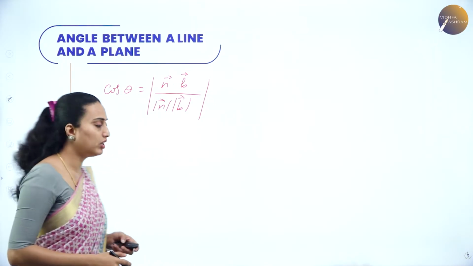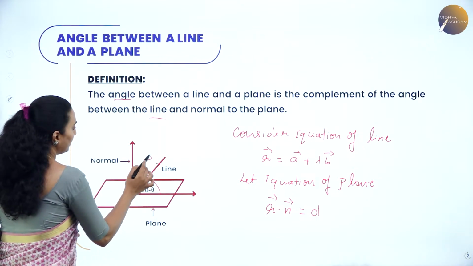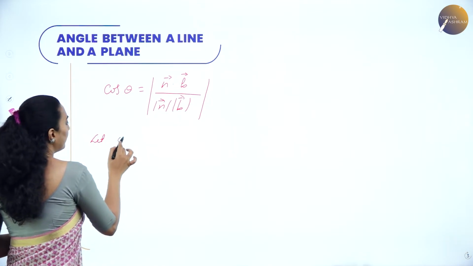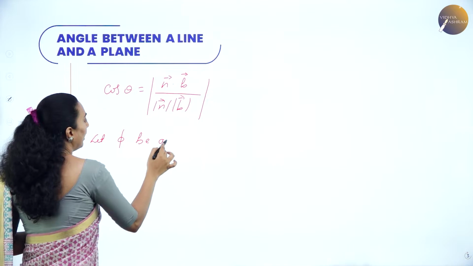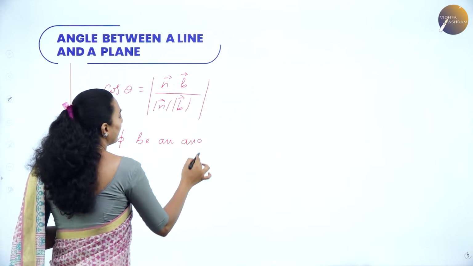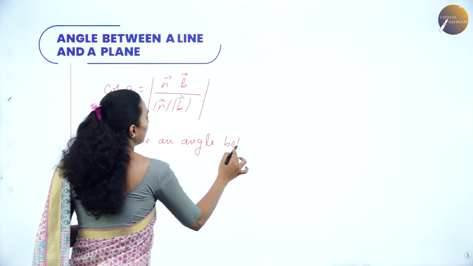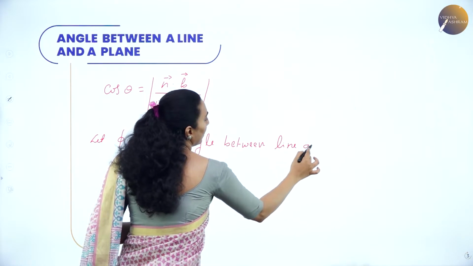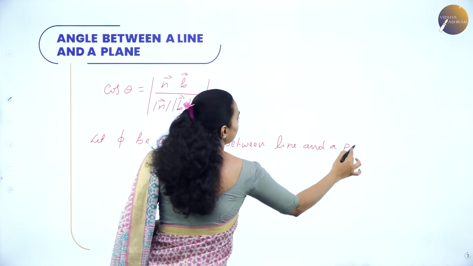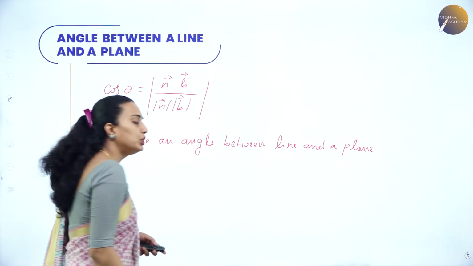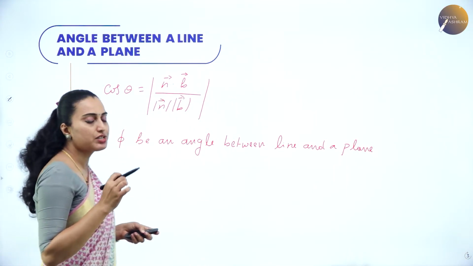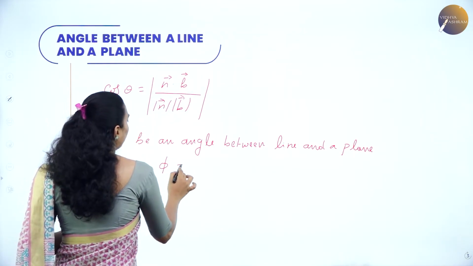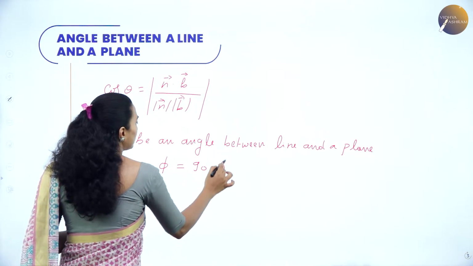Now, let phi be the angle between the line and the plane, so phi will be equal to 90 minus theta.